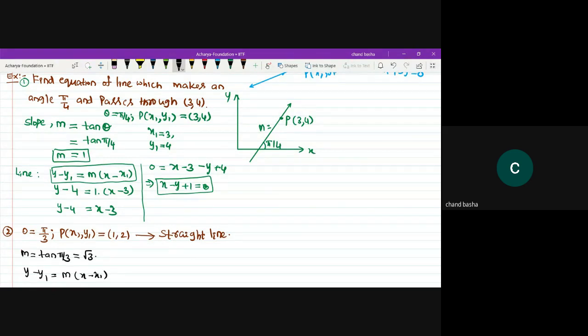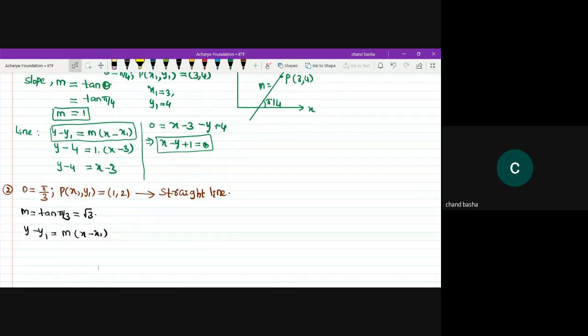We can substitute the given point. y minus y1, where the y coordinate is 2, is equal to root 3 into x minus x1, that is 1. The right side value is root 3 times x minus root 3, and the left side value is y minus 2.